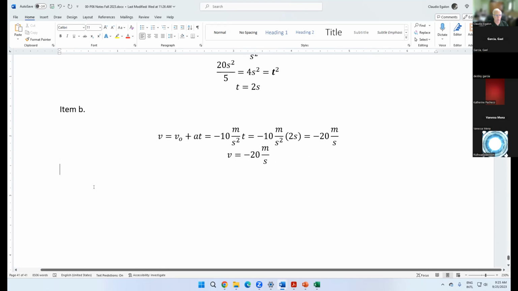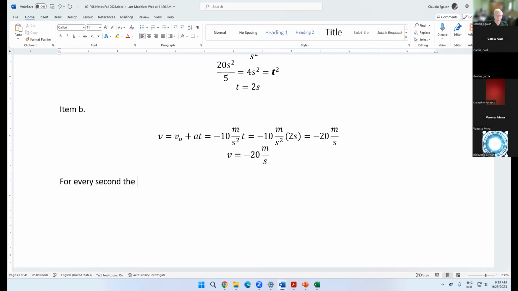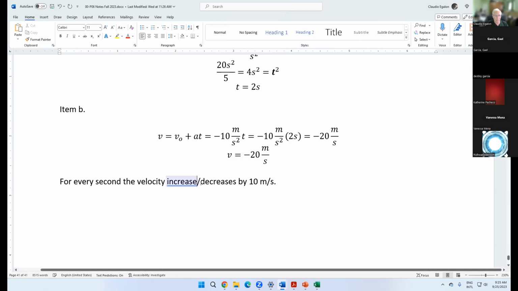For every second, don't forget, the velocity decreases by 10 meters per second, depending on the direction of your axis.